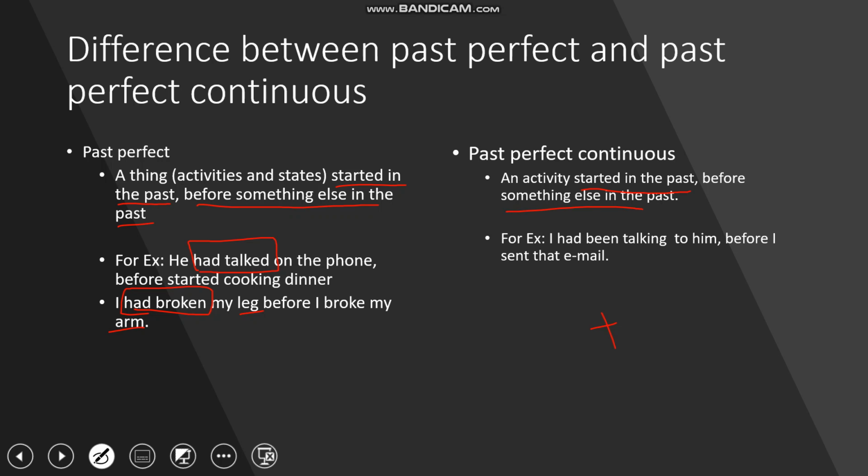For example, I had been talking to him before I sent the email. Here you notice that till he sent the email to this particular person, he had been talking. That means the talking to that particular person was continuing till he had sent the email.